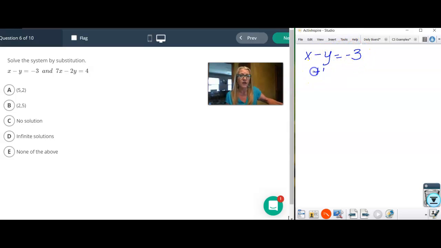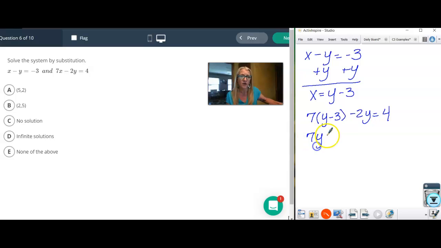So if I add y to both sides, that'll give me x equals y minus 3. Then I take the other equation and I substitute for x, not y, x. Okay, so I'm substituting y minus 3 where the x was, minus 2y equals 4.